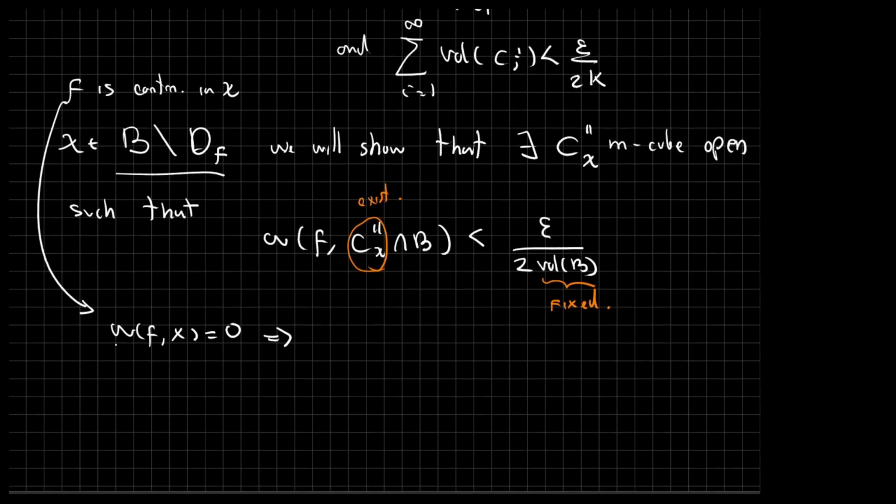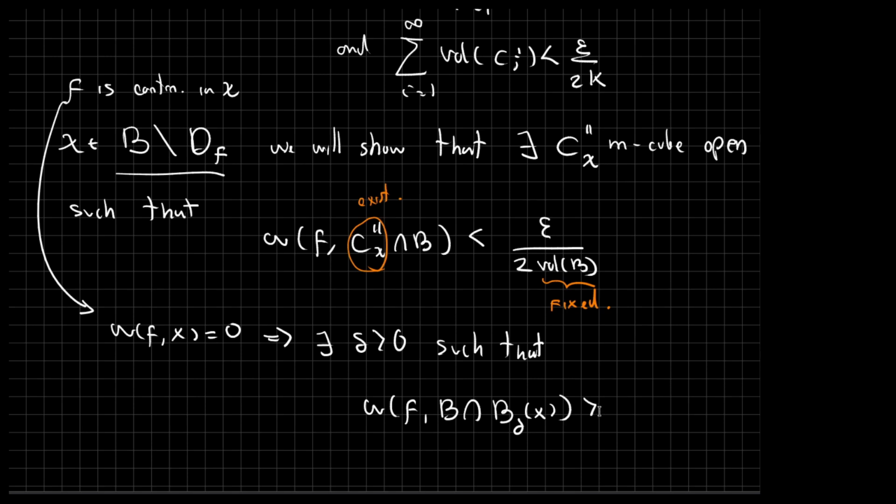Then recall that the oscillation is the infimum of the oscillation in neighborhoods, so this will imply that there exists a neighborhood such that the oscillation of f intersected by this is less than epsilon divided by 2 times the volume of P. Why?